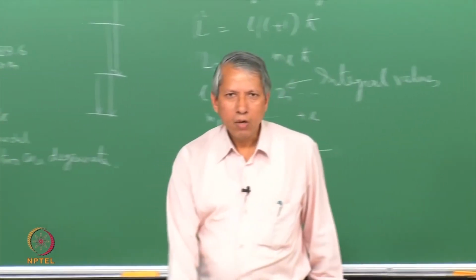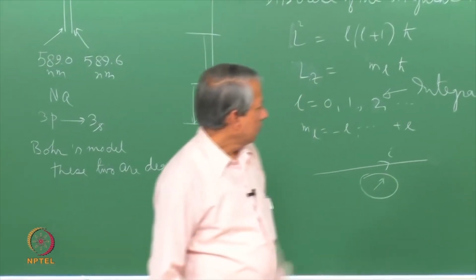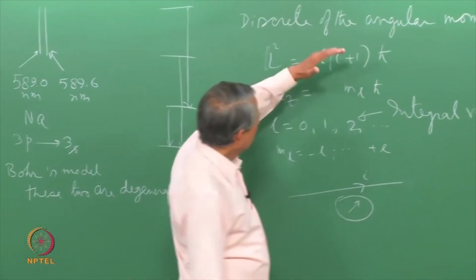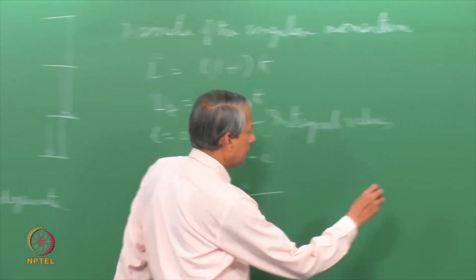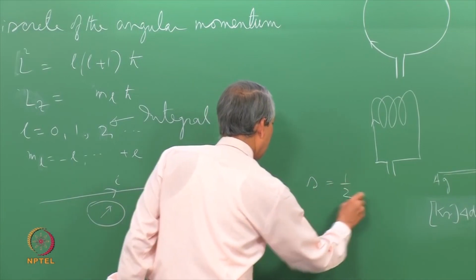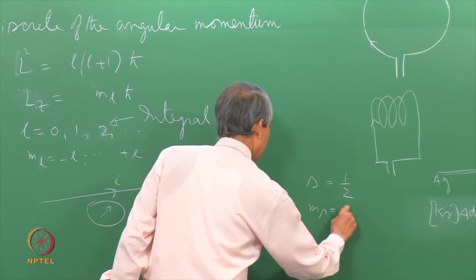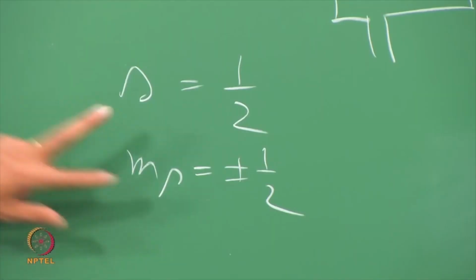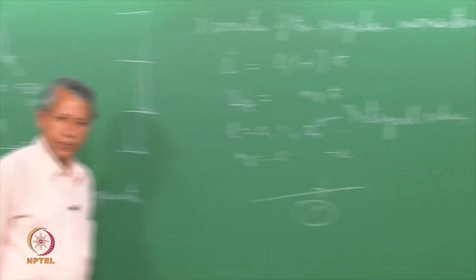Important thing is that the angular momentum will have not integral values, but half integral values. If I call it S, this will have a value of half, ms equal to plus or minus half, which is quite different from what has been accepted till then.